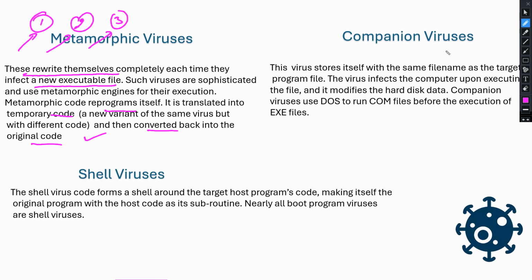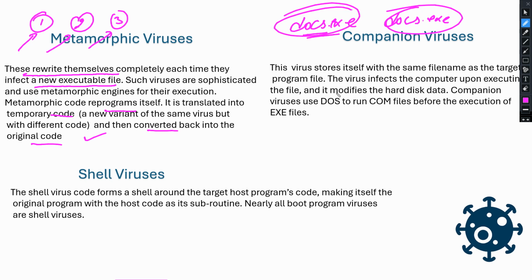Next are companion viruses. These viruses store themselves with the same file name as the target program file. For example, with docs.exe, the virus will save itself as docs.exe, the same file name as the target program file. The virus infects the computer upon executing the file.